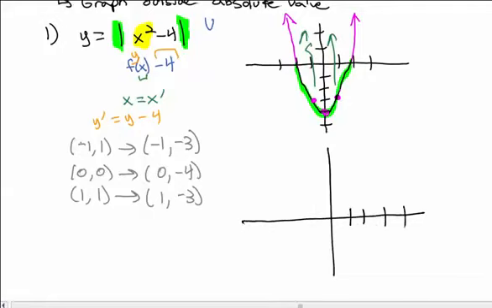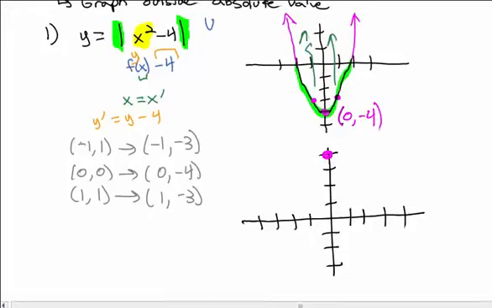So, we have this point down here at the bottom of 0, -4. That's going to reflect up, making the y positive.